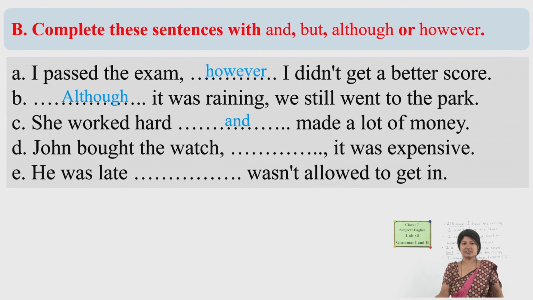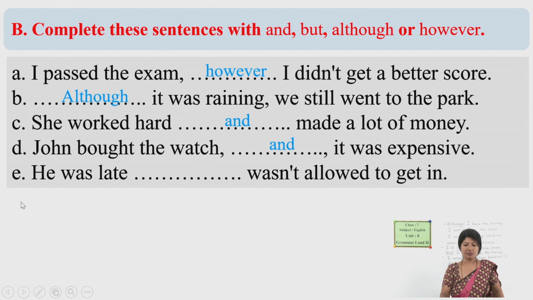Okay, equivalent. Number D. John bought the watch, blank, it was expensive. What is the word that fits into it? What can we feel over here? Yes, and. John bought the watch and it was expensive.